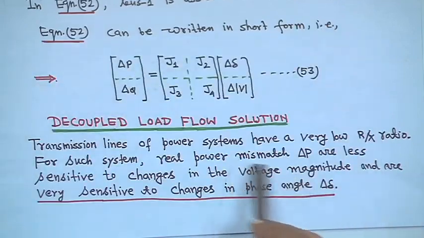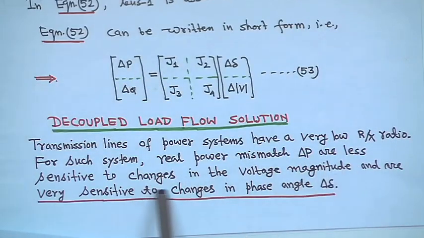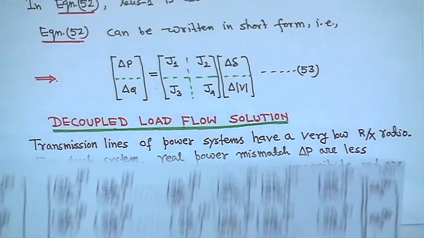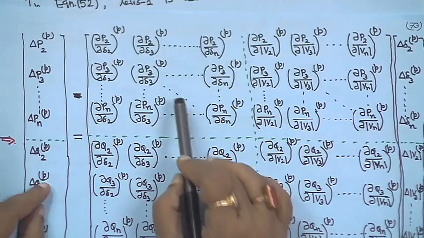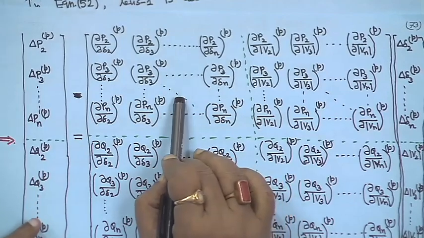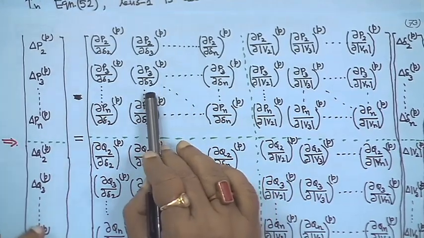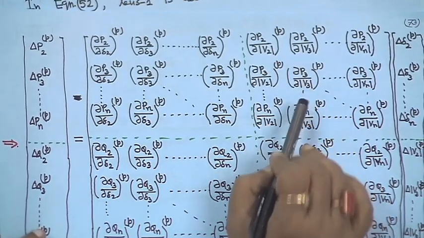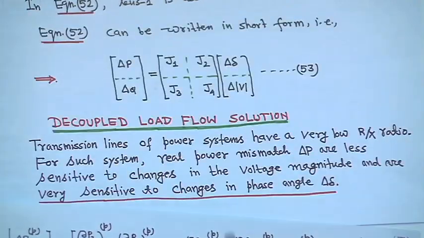Therefore, real power mismatch delta P is less sensitive to changes in the voltage magnitude and very sensitive to changes in the phase angle. These are significant, very sensitive to changes in phase angle, but not very sensitive to changes in voltage magnitude.